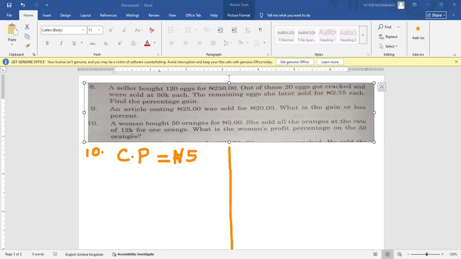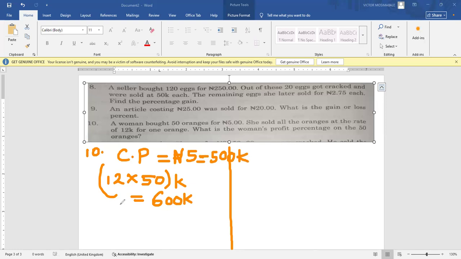So if 1 orange goes for 12 kobo, 50 oranges will be 12 times 50, everything in kobo. 12 times 5 is 60, and then the 0 at the end of 50. So that's 600 kobo. Now I'm going to change the cost price to 500 kobo, because 100 kobo is equal to 1 naira, so as to make it equivalent.